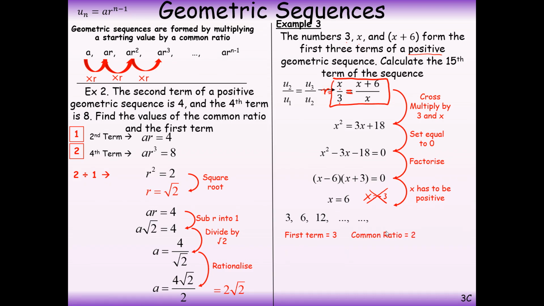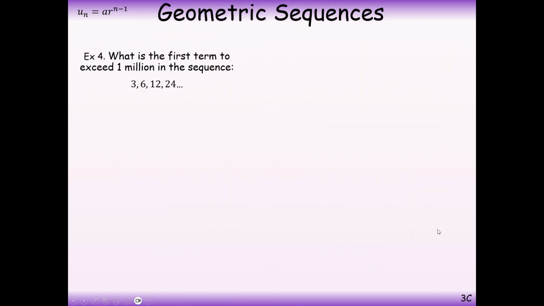So the nth term would be 3 times 2 to the power of n minus 1. And now we can calculate the actual value of the 15th term. Substitute 15 for n into this formula and you will get 49,152.